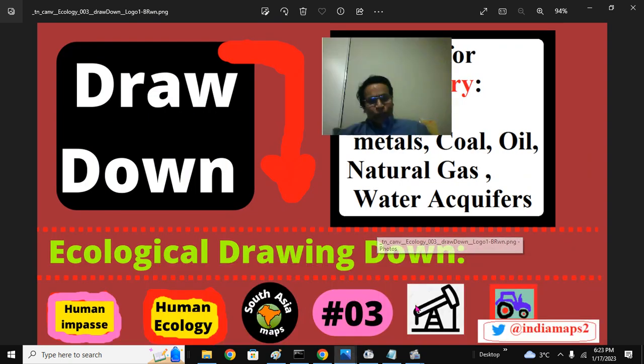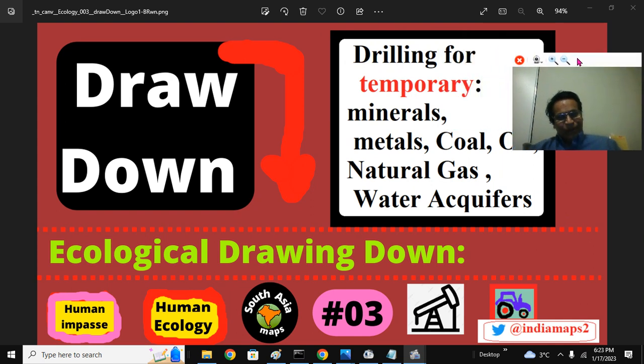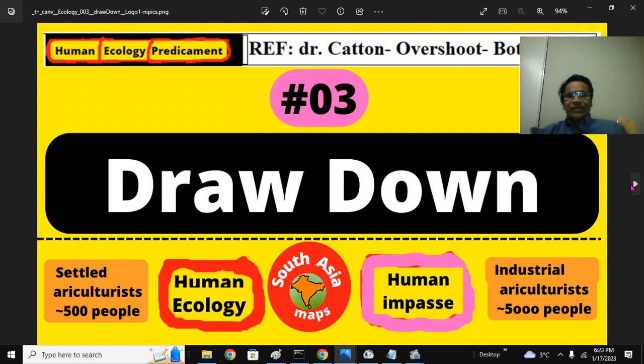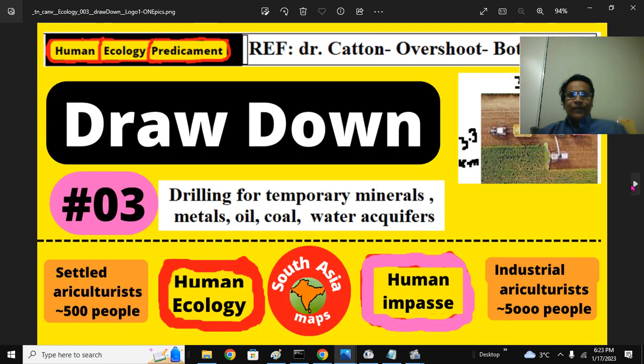So the humans become extensions of human guts and human bodies become extensions of fossil fuel because humans started drawing down, drilling for minerals, metals and coals. That's why here we represented an oil well, the oil drilling well, and this is the tractor here. They become extensions. That is the drawing down.